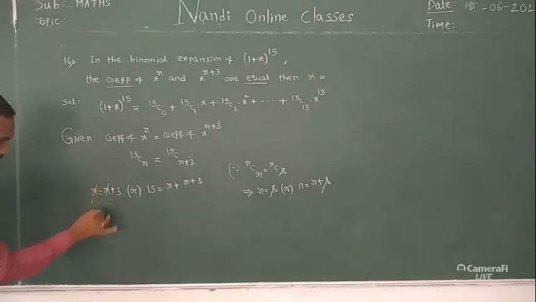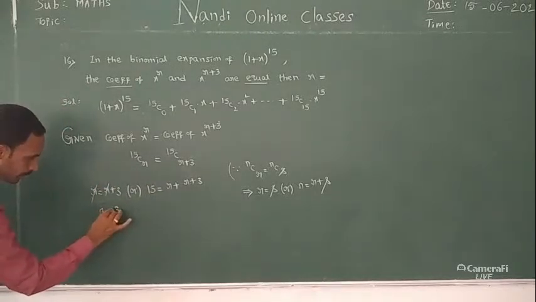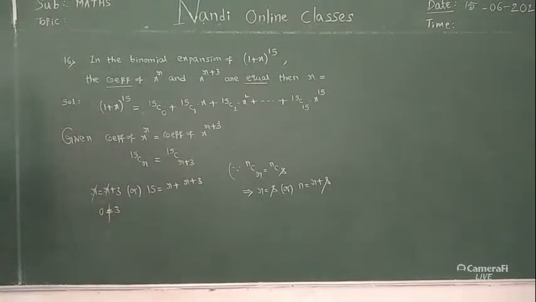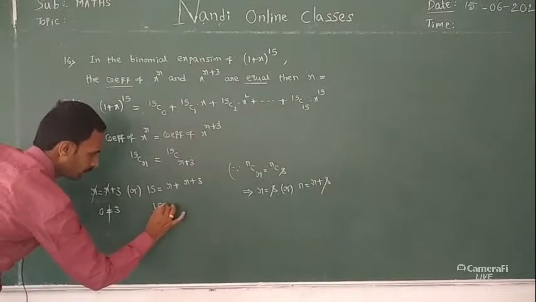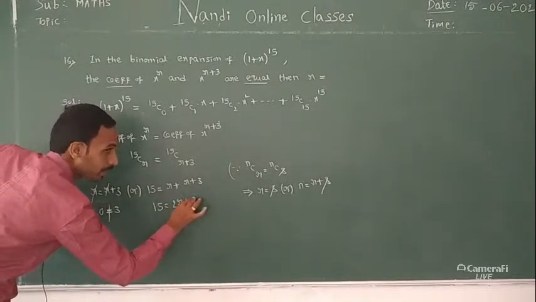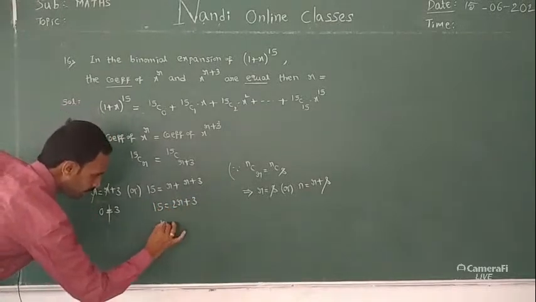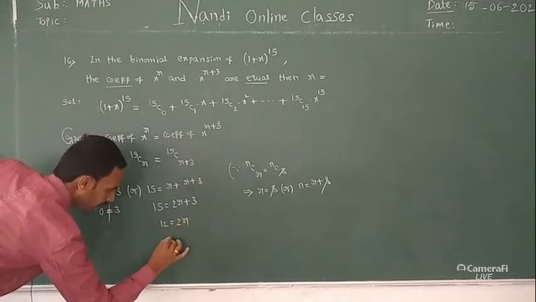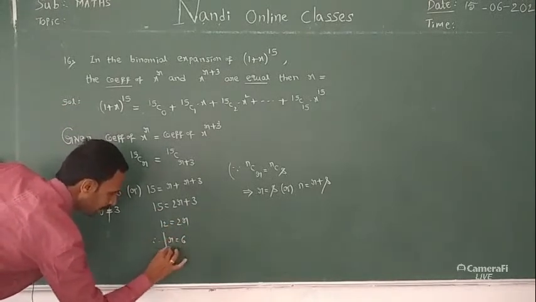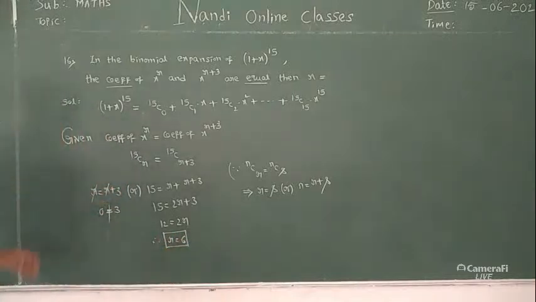Here r cancels, 0 equal to 3, which is impossible. So 15 is equal to 2r plus 3, 15 minus 3 is 12 is equal to 2r, r is equal to 6. That is the value of r. Write it.